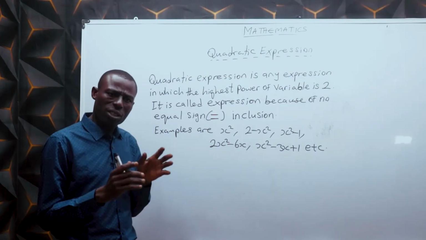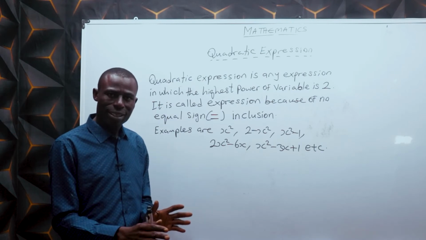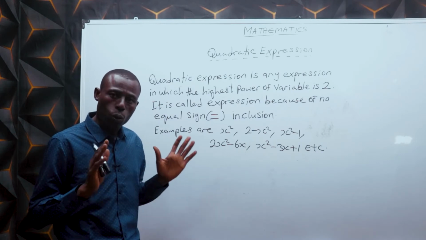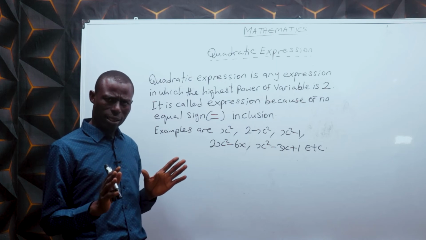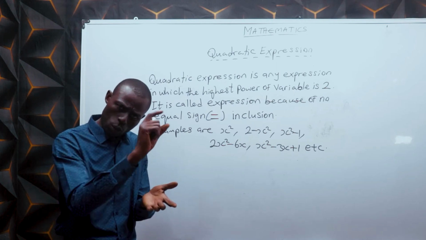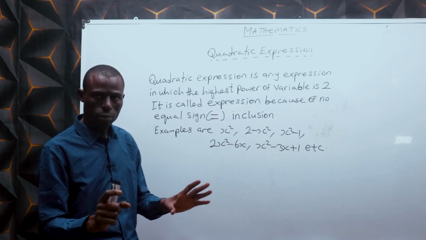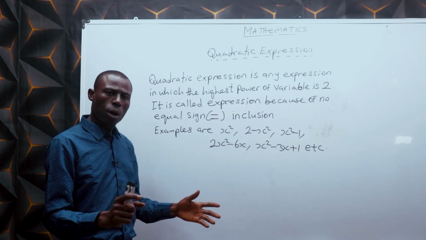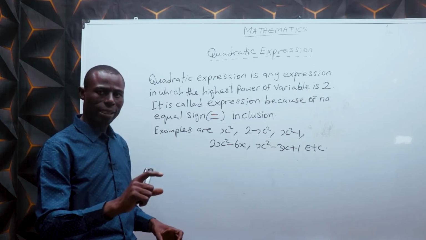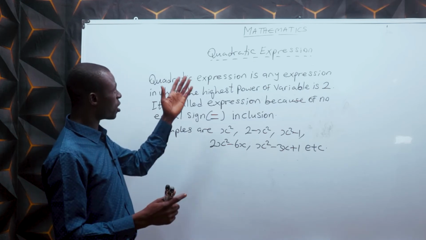The moment equal sign is present, then we call the thing equation. I hope you get it clear. Once there is equal sign, then we call it equation. It could be any type of equation. Once there is no equal sign there, then it becomes expression.